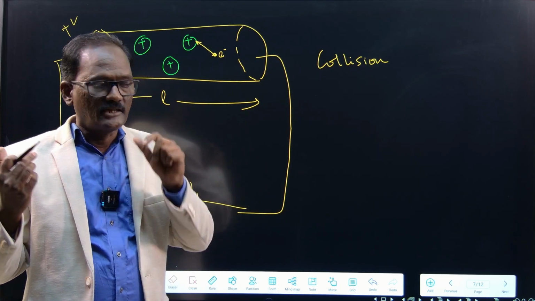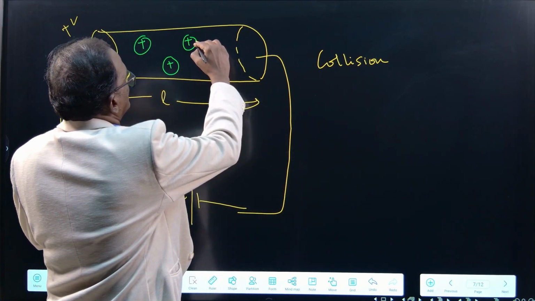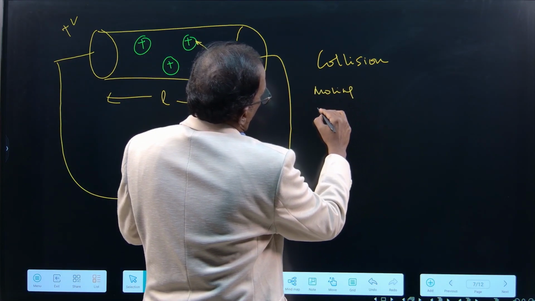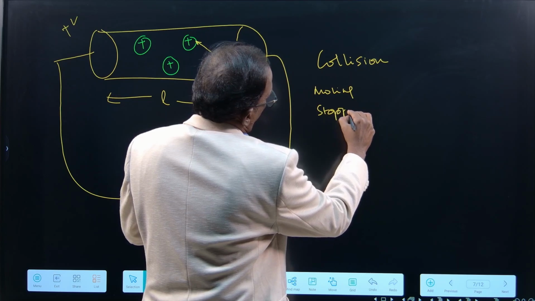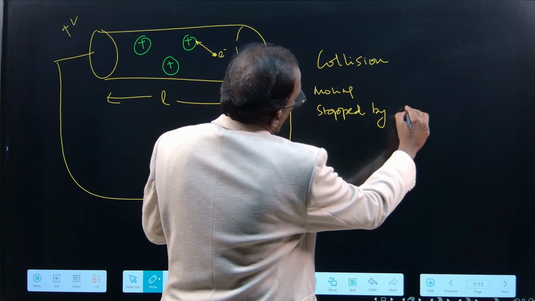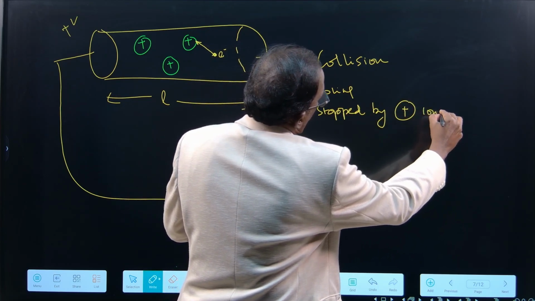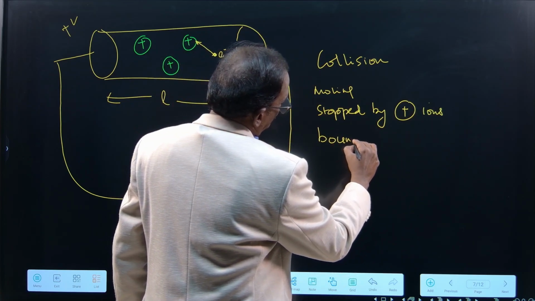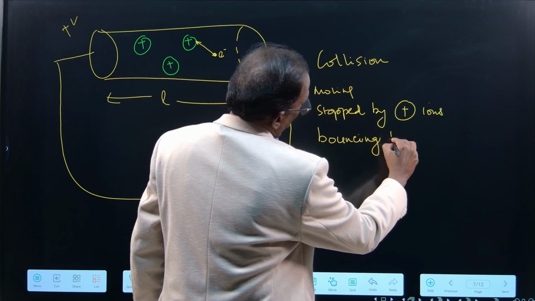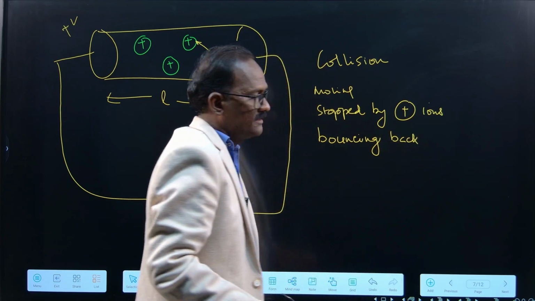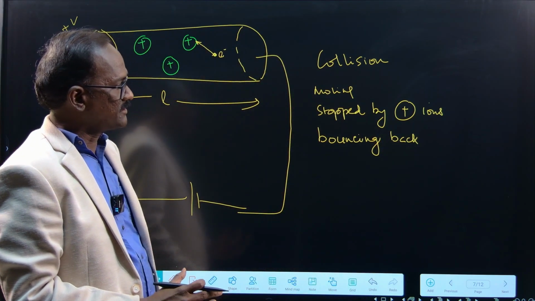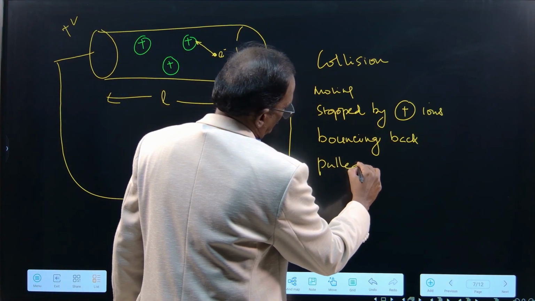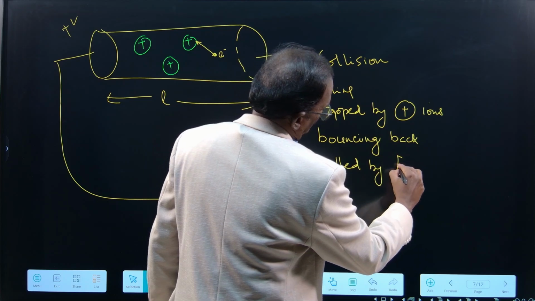Then the E field is pulling the electron, right? It is moving, it is stopped by positive ions, then it is bouncing back, a rebound of electrons, then they are pulled by the E field.